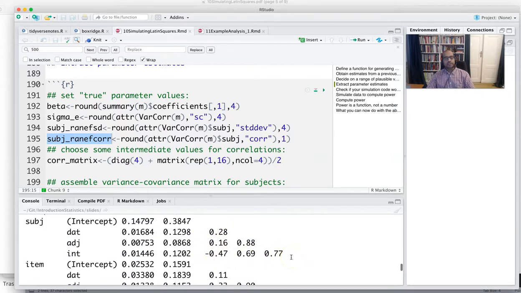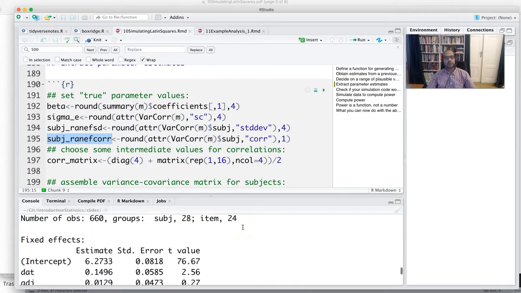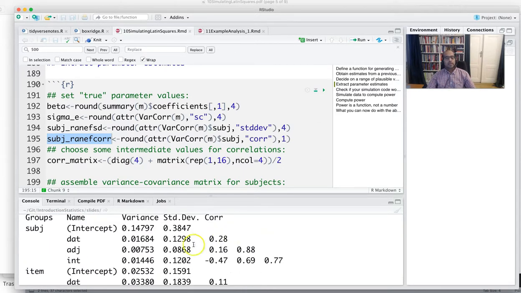What you're seeing here is the lower diagonal of something called a correlation matrix. You're seeing this lower diagonal here, right? So it should be 0.3, 0.2, minus 0.5 as the first column. You see, that's the first column.